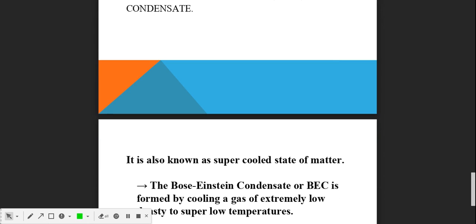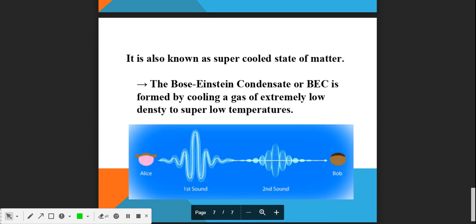It is basically called a supercool state of matter. What do you mean by supercool? In case of solids also, that can be obtained by cooling the liquid. So why is this known as supercool? Bose-Einstein condensate, BEC, is formed by cooling a gas of extremely low density to super low temperature, right?